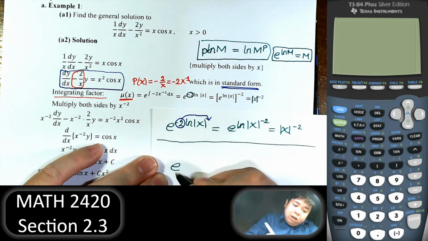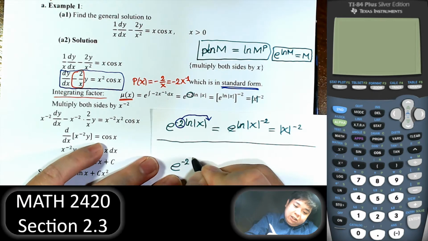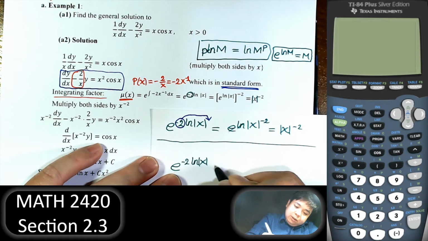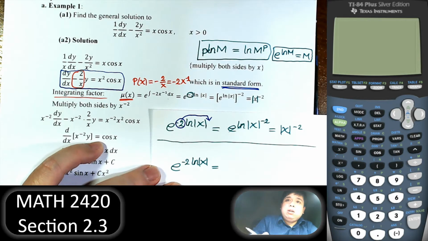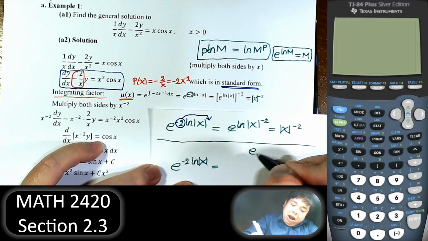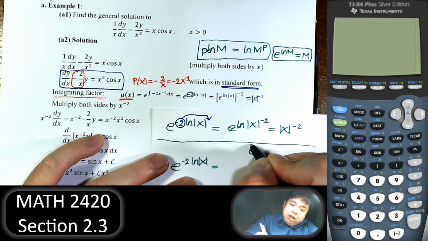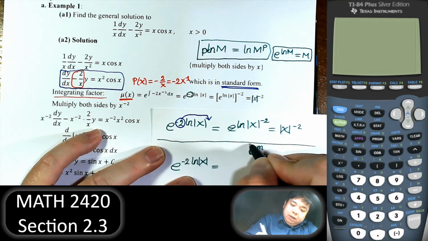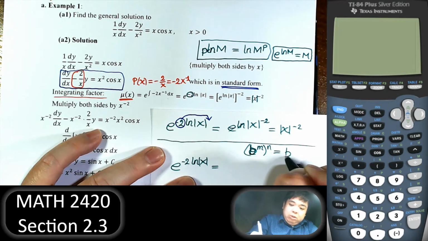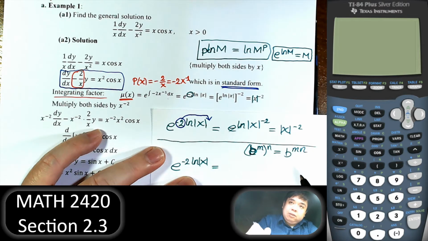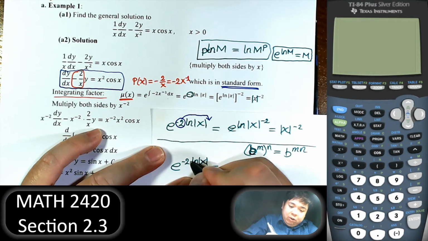A second way to write this is, remember, if we have a power to another power, like b to the m to the n, it's going to be equal to b to the m times n. Now we have -2 times ln of x.